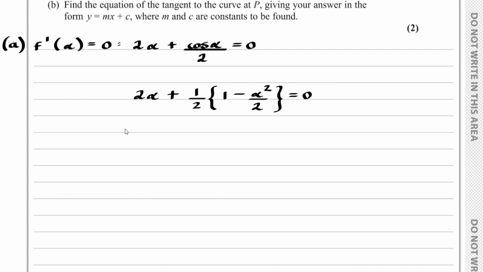So let's try to simplify this. We have the 2 alpha, and then we have 1/2 times by 1, which is 0.5, and then we have 1/2 multiplied by negative alpha squared over 2, which is negative 0.25 alpha squared, and this is equal to 0.